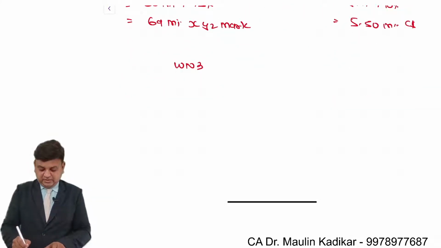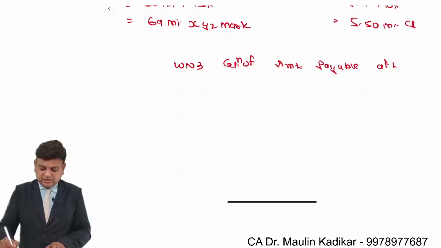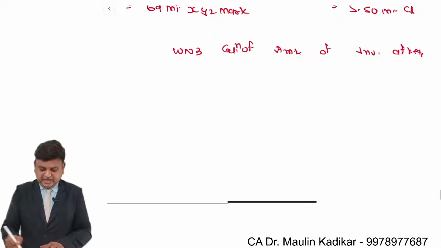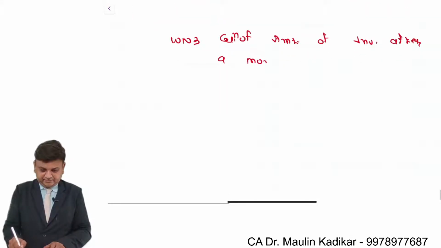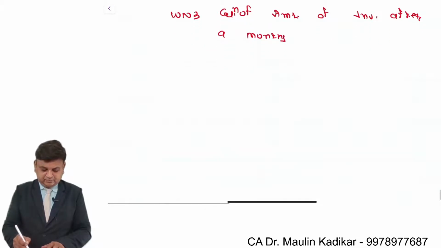Working note number 3, calculation of the amount payable, that is the amount of investment after 9 months. XYZ mark and dollar.